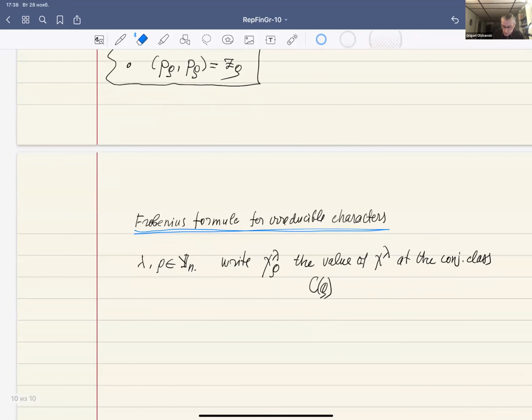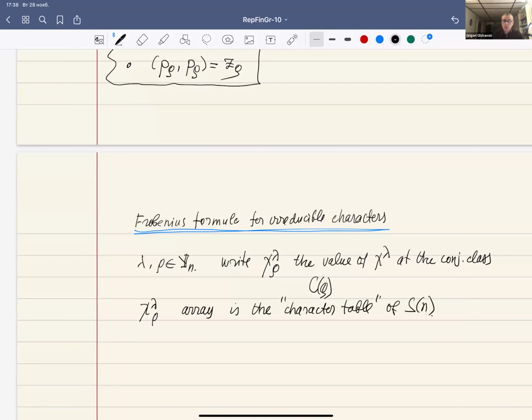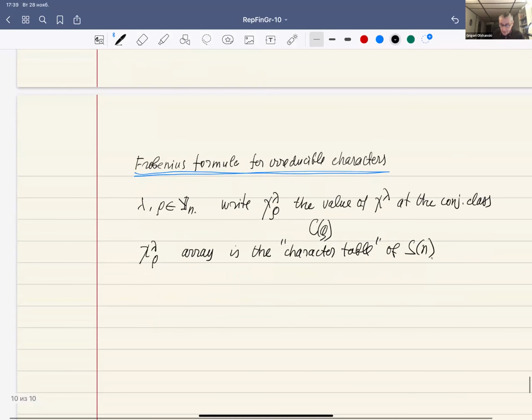So this array is what is called the character table of the symmetric group. To know the characters is the same as to know the character table.